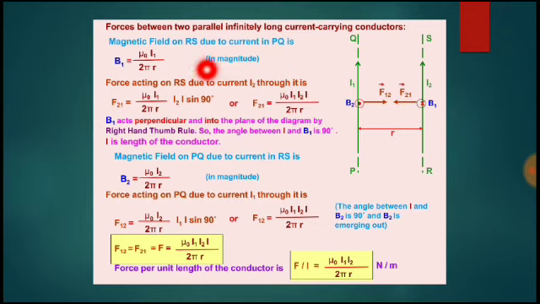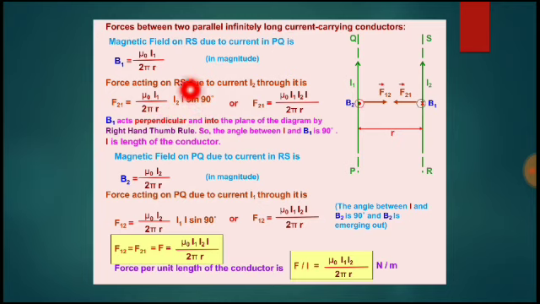Now come to this one. The magnetic field on the first conductor is due to the I1 current. Therefore, B1 is equal to mu naught I1 divided by 2 pi r. The force on the second conductor F2 is due to the I2 current, so mu naught I1 divided by 2 pi r, times I2 L sine theta.